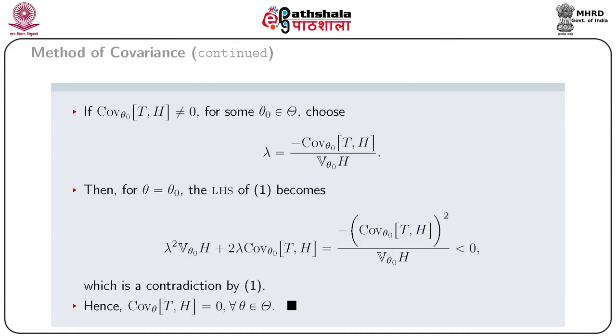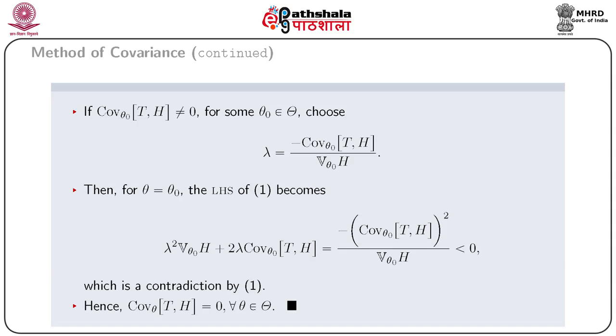Now, if covariance of T comma H is not equal to 0 for some theta naught belongs to Theta, then we choose lambda equals minus covariance of T comma H under theta naught, divided by variance of H under theta naught.